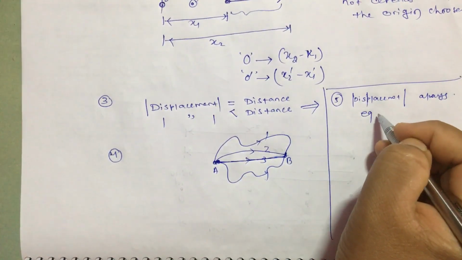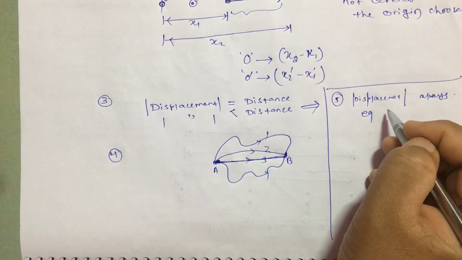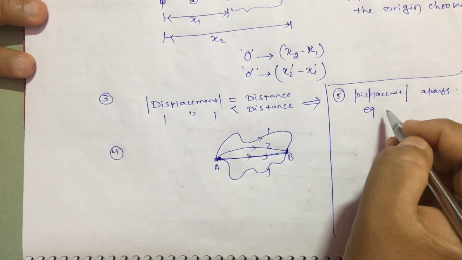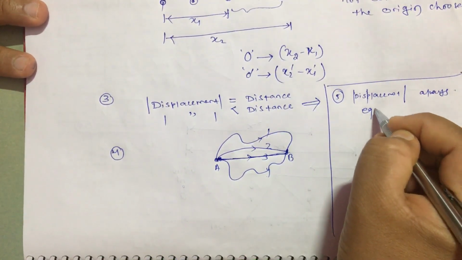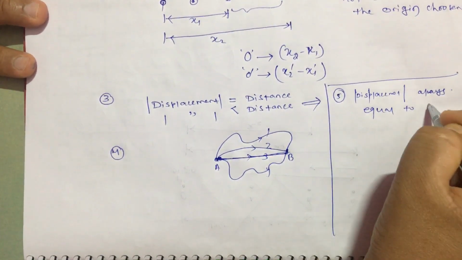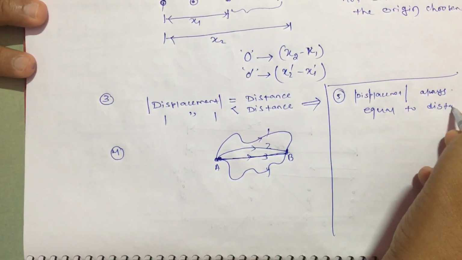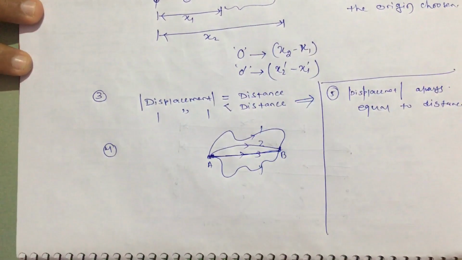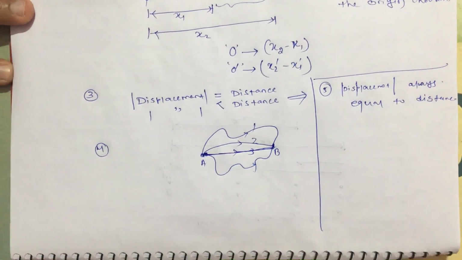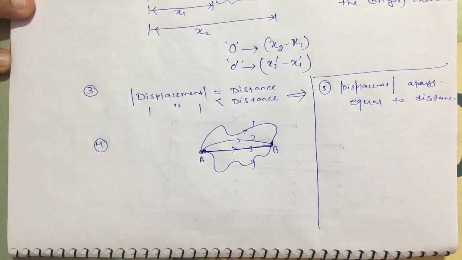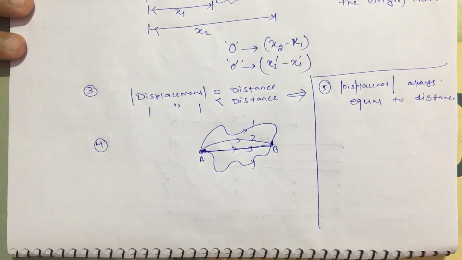Many students have this wrong concept. No. Normally some teachers also use this definition, that the magnitude of displacement is known as distance, and the magnitude of velocity is known as speed. Wrong. Why? It may be equal, but not always.